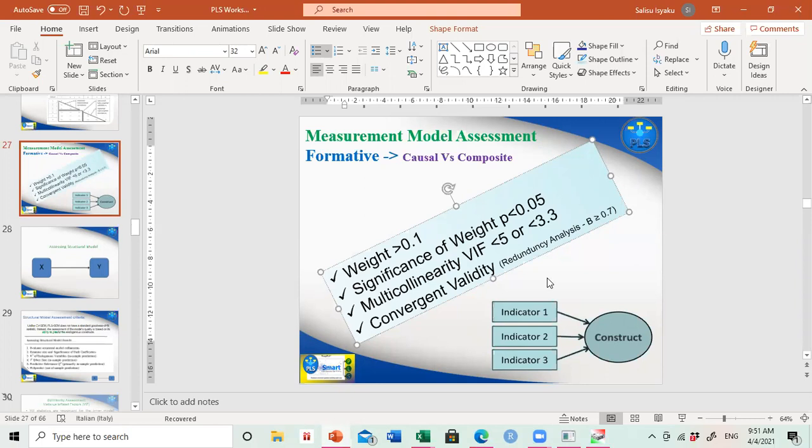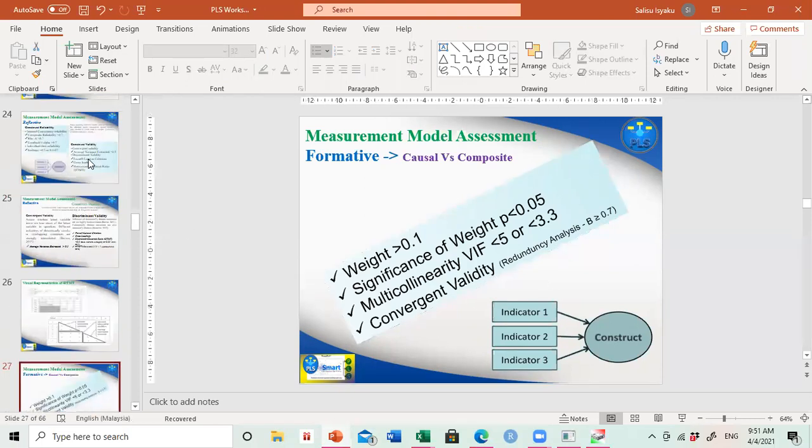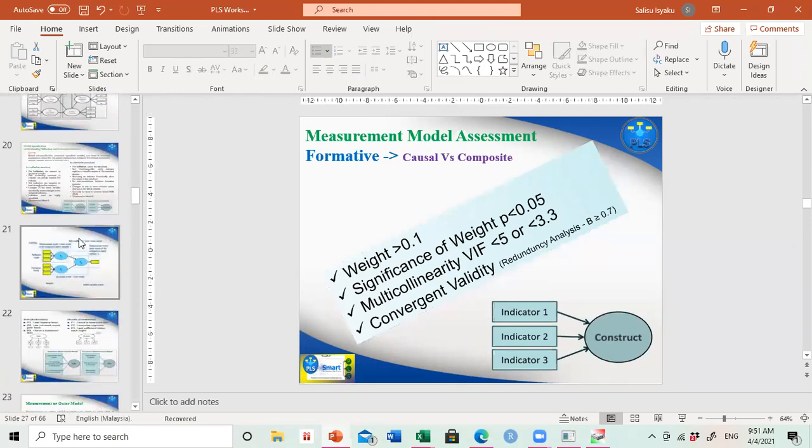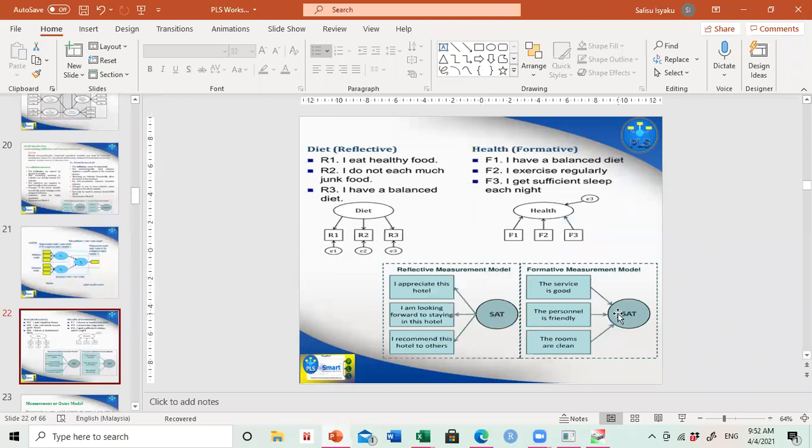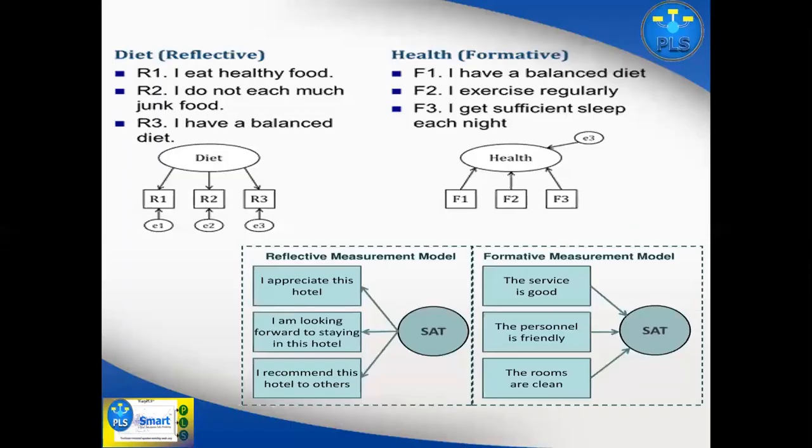For example, you have satisfaction. Let me go back here and see. Here we have satisfaction, measured using two ways: reflective and formative. So if you are using satisfaction in your model, and you want to run redundancy analysis, you have to use the two sets of items: reflective items and formative items.